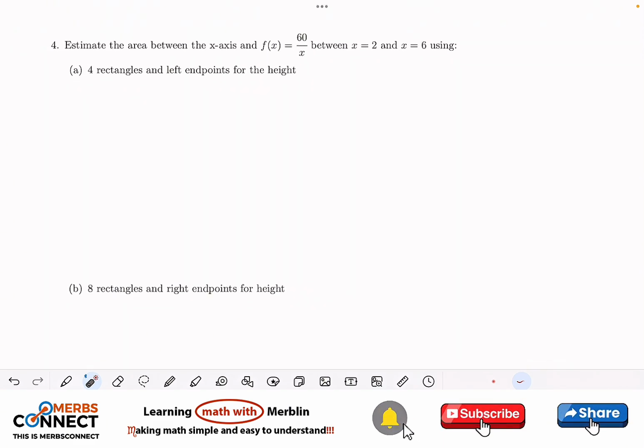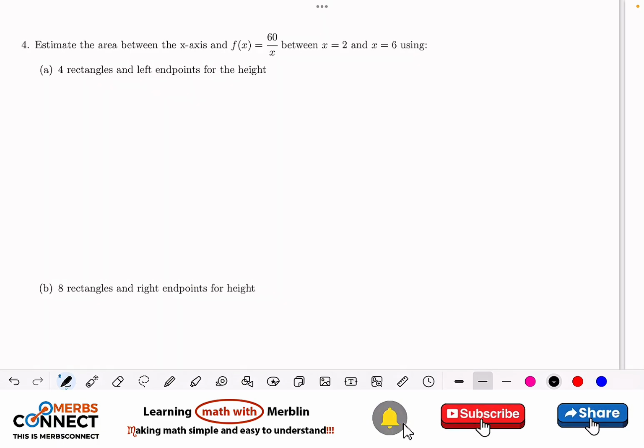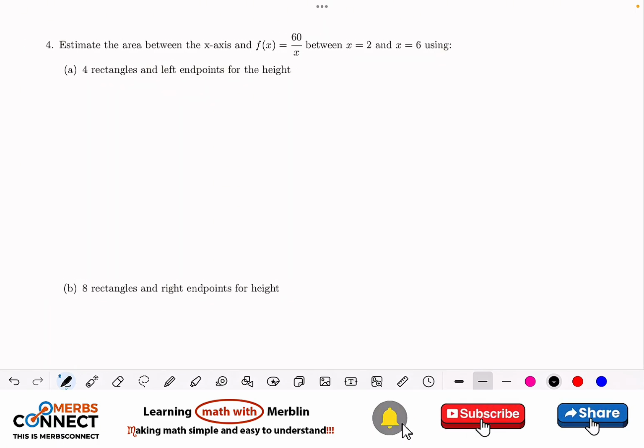So question 4, we want to estimate the area under the function between x is equal to 2 and 6. So let's try and plug in the function. I just want to draw something here.